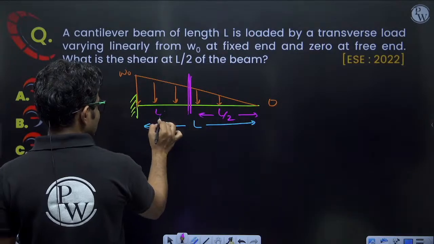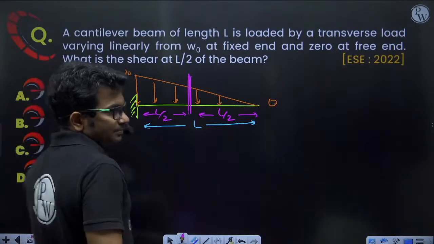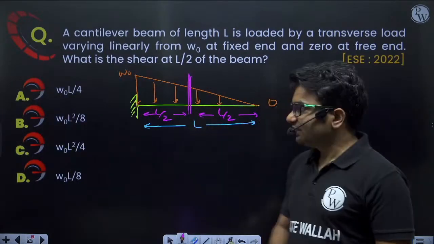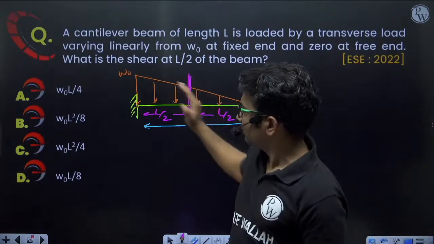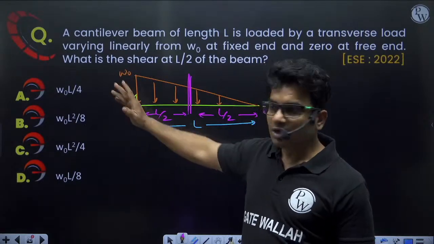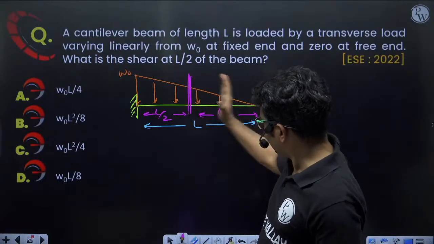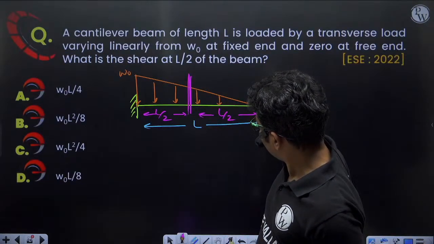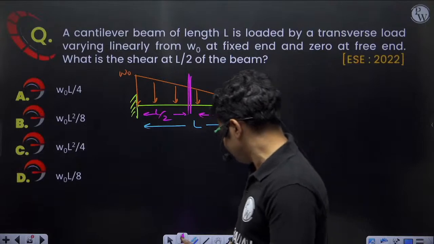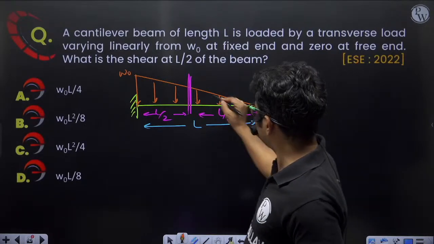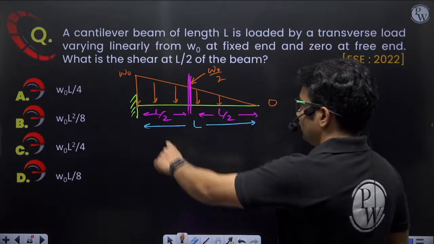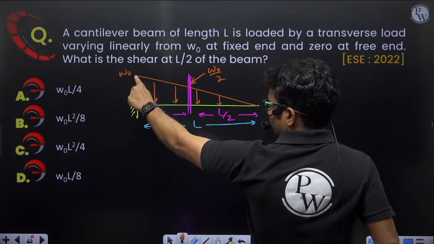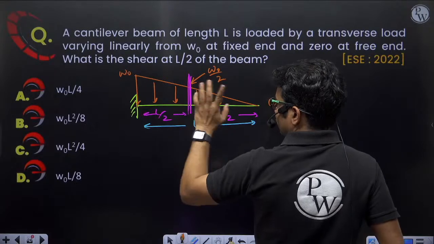The loading goes from 0 to W naught over the length L, so over the length L by 2 it will go from 0 to W naught by 2. So if the loading intensity here is W naught, the loading intensity at this point will be W naught by 2.